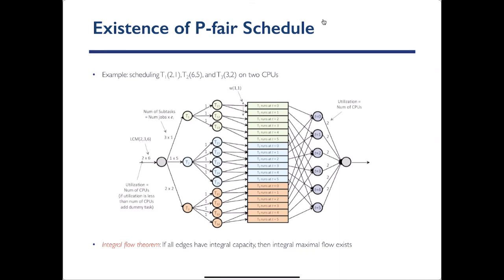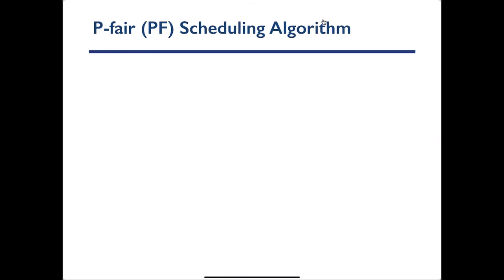The only downside is that P-fair scheduler is expensive to produce a feasible schedule. It requires a lot of work. So that's the only downside of P-fair, but it exists. So there is some hope that we get to use all our CPUs if we have a multiprocessor running a real-time operating system or real-time system.